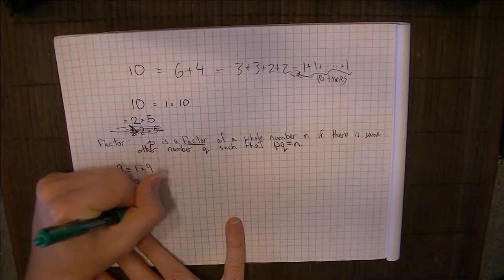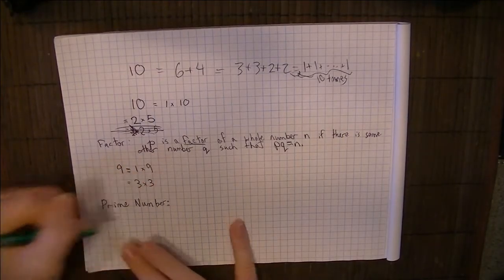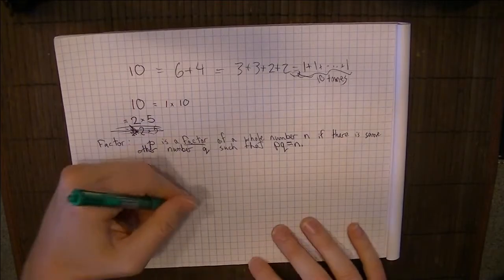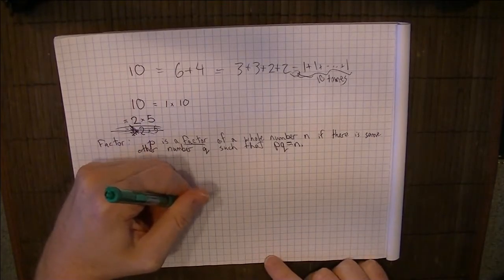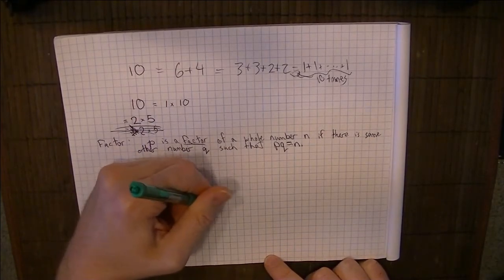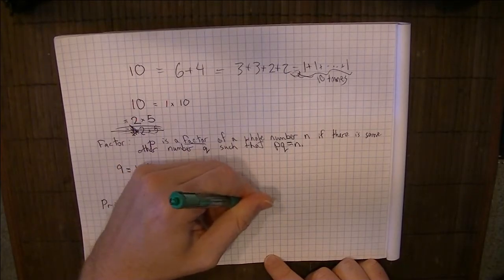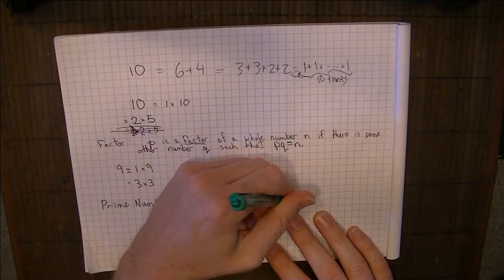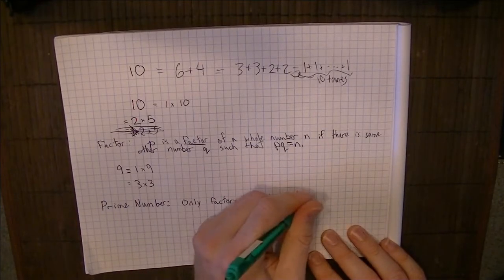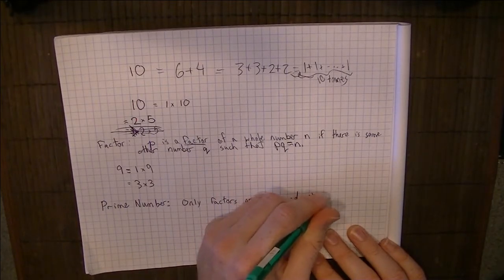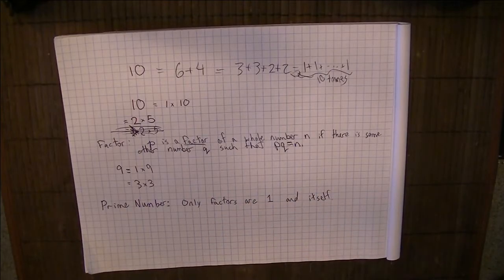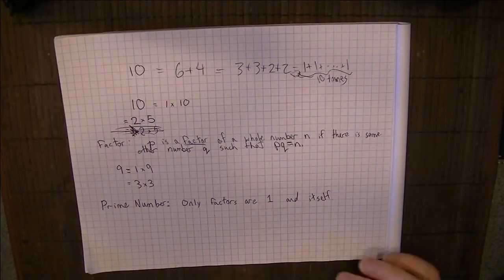So what is a prime number? A prime number is a number that has factors, but the only factors that it has are 1 and itself. That's what a prime number is, okay? So let's take a look.